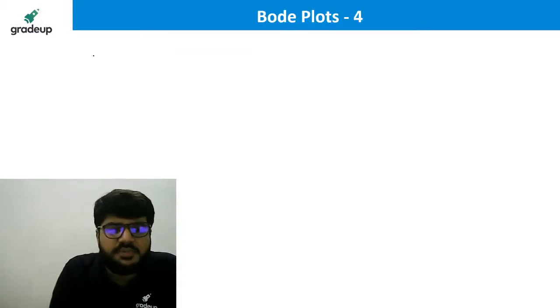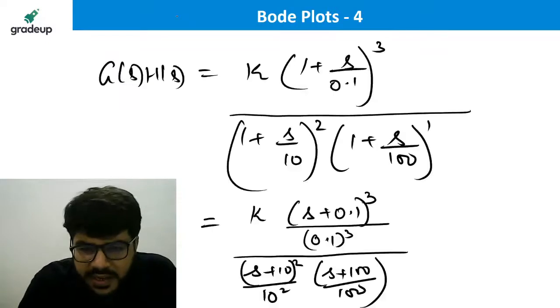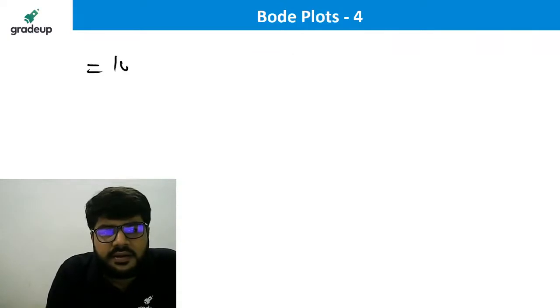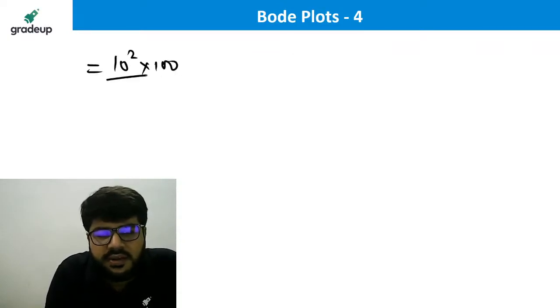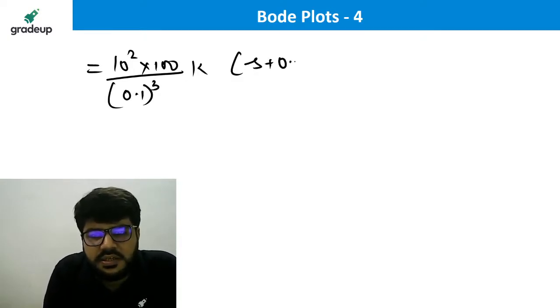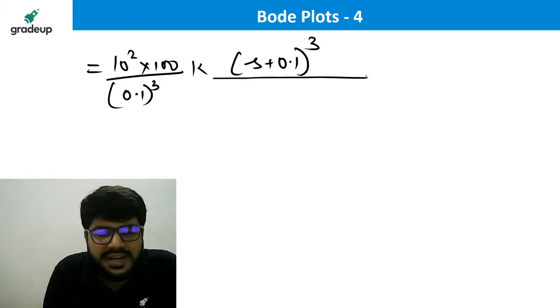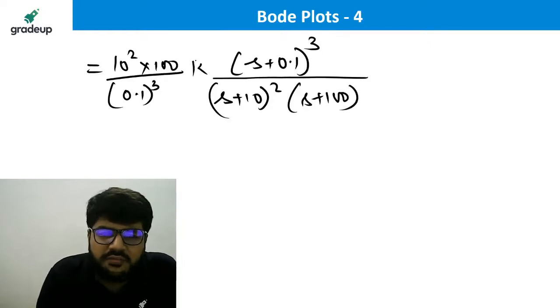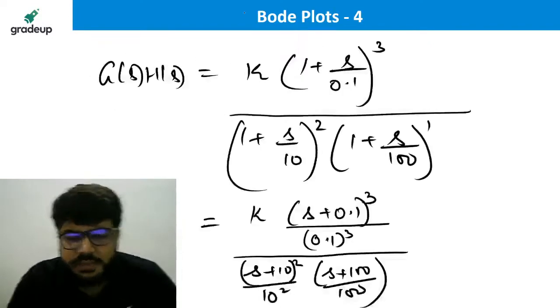Simplifying, I get 10 square into 100 divided by 0.1 whole cube, into K, into (s plus 0.1) whole cube divided by (s plus 10) whole square (s plus 100). You can find the value of K, but I think the options will be matched just by this knowledge.